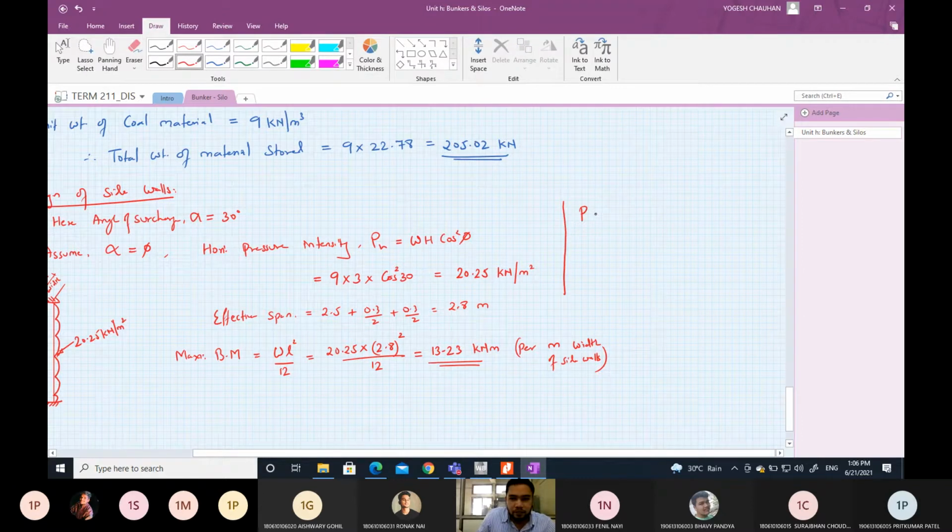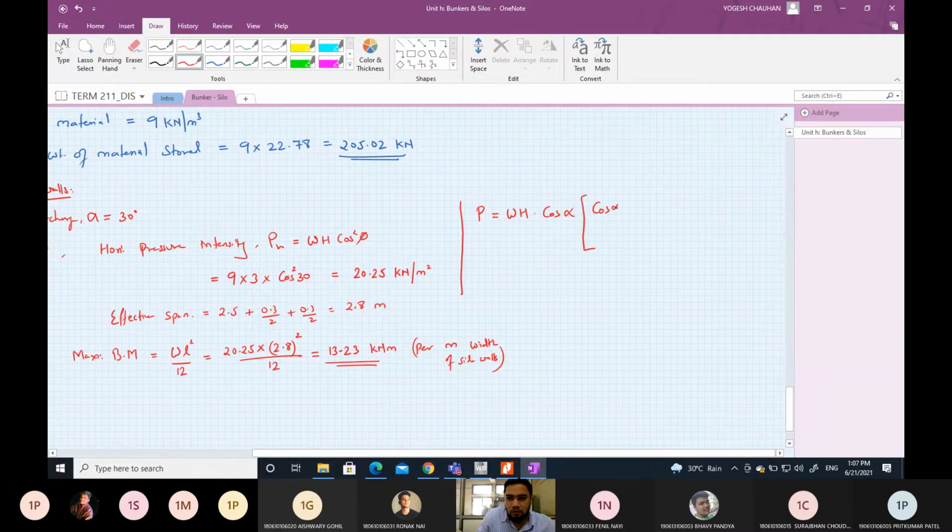The pressure intensity is given by W into H, where W is the unit weight of the material and H is the height of the retention, times cos alpha into cos alpha minus square root of cos square alpha minus cos square phi, divided by cos alpha plus square root of cos square alpha minus cos square phi.